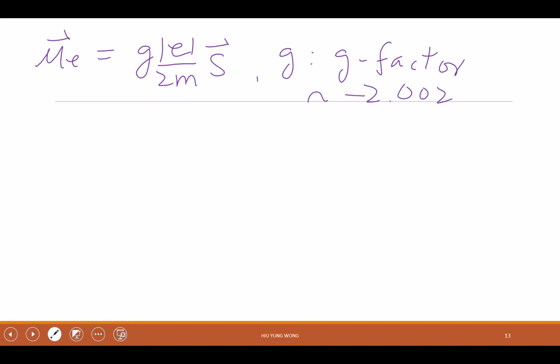I introduced this because you don't need to really understand it, but you can apply it to the homework. But this is a good thing you will see very often. For example, for proton, the g is completely different. Okay? And the g can change, I think, in the semiconductor also. When you consider the electron confinement, it's not a free electron anymore. Or the effective mass can change.